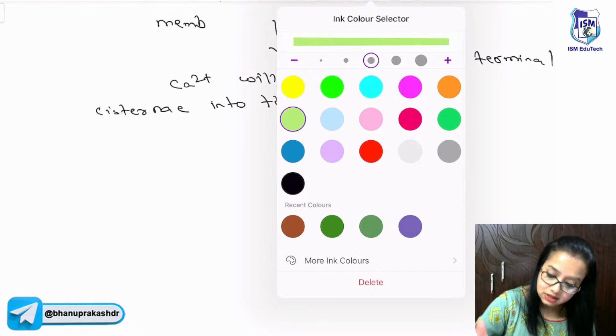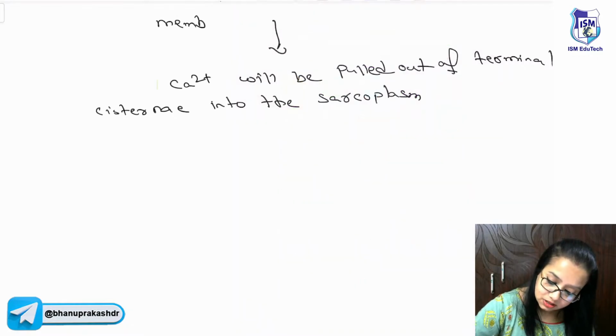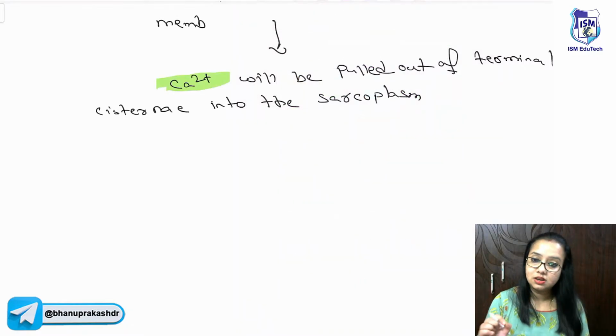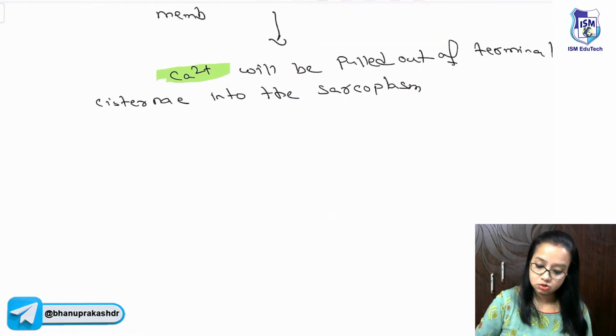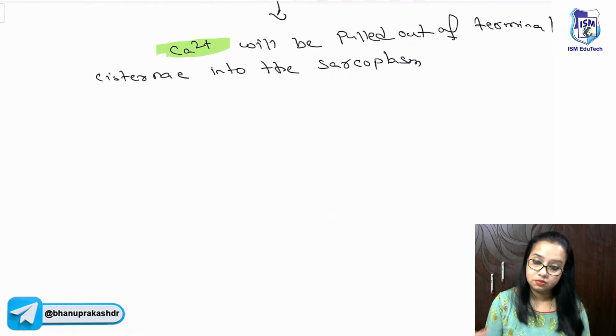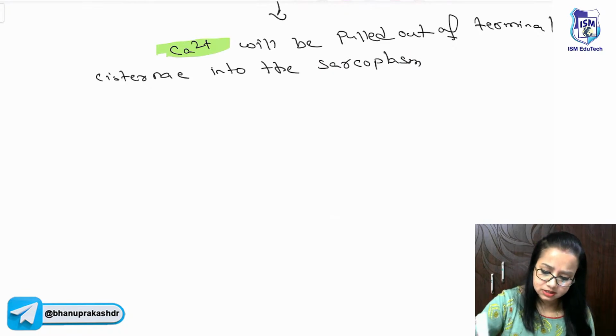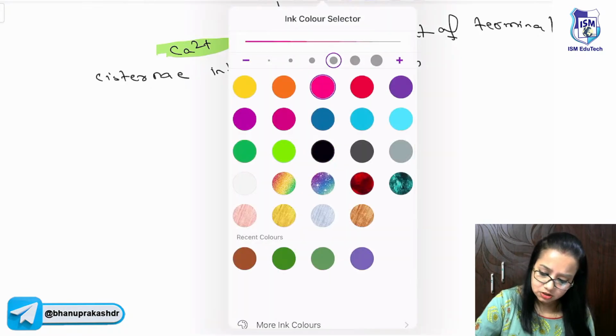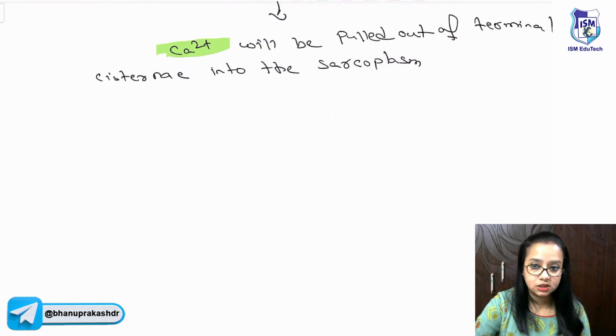Okay. Now, this is the main trigger for our actual preparation for the contraction to happen. So once calcium is pulled into the sarcoplasm, what do we know? When calcium is present anywhere, it will not sit quietly. It will always do something or the other.